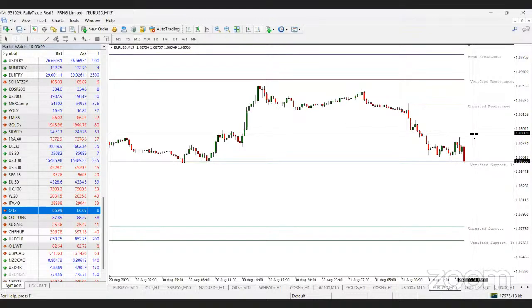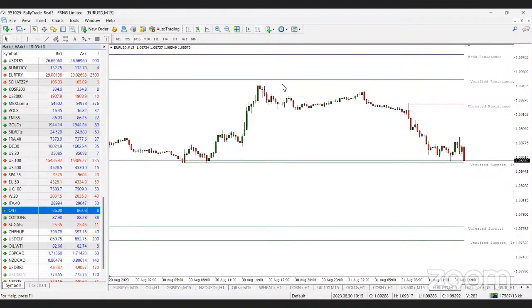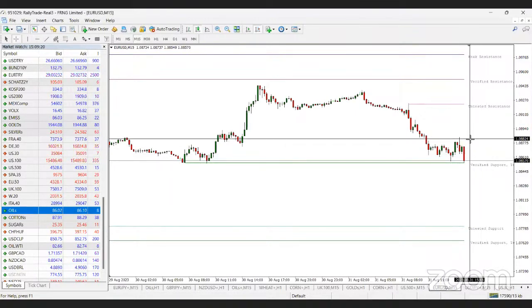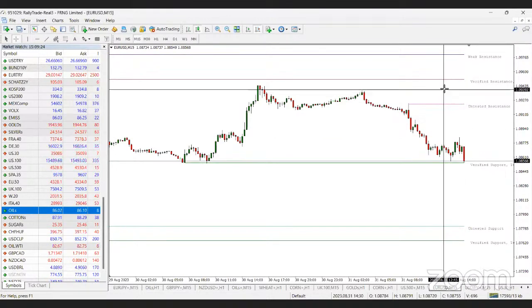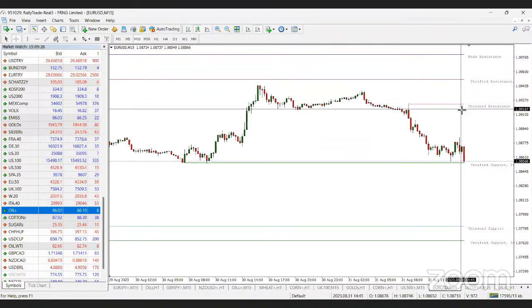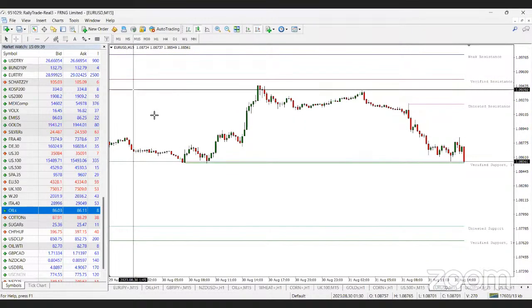If it trades above that place, you can now buy to this untested resistance and come out at 1.09. Let me be sure. So we are coming in around this place, 1.088, then we are coming out around 1.09154. That's that for Euro USD.